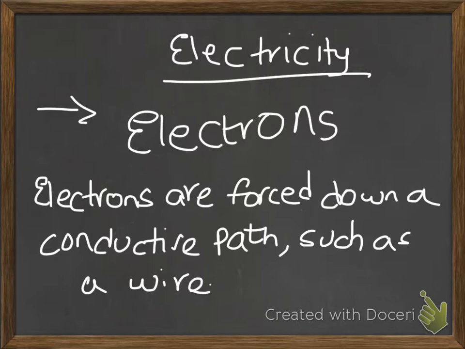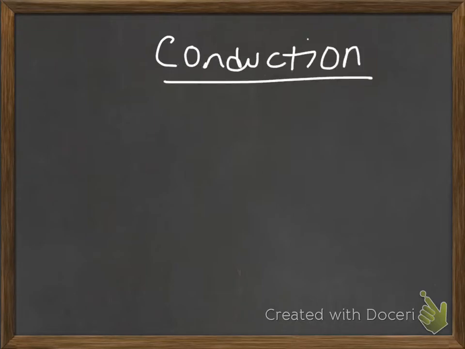So now you have a clear idea about electrical energy. Now let's talk about conduction of electricity. We learned in the periodic table of elements that solids are good conductors of electricity, but that is not always true.